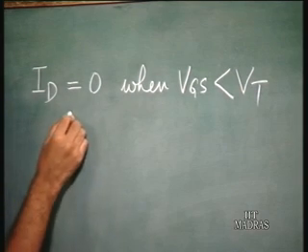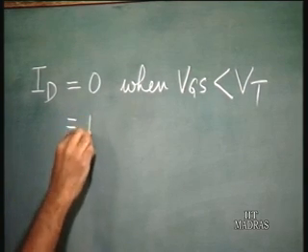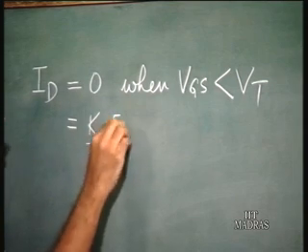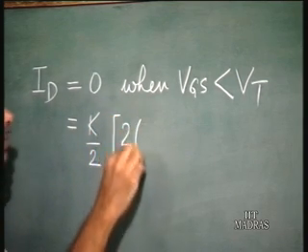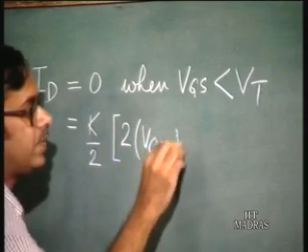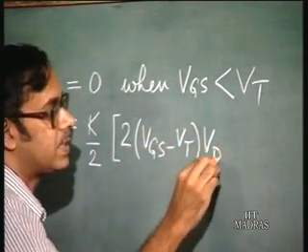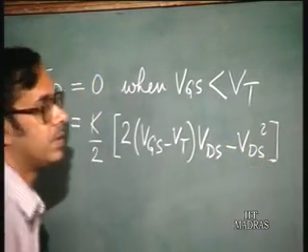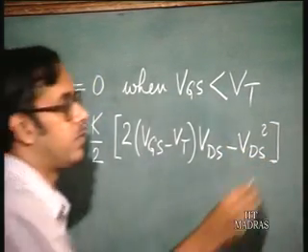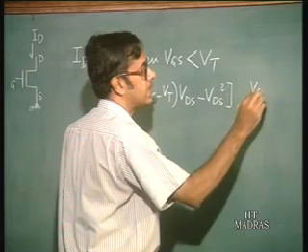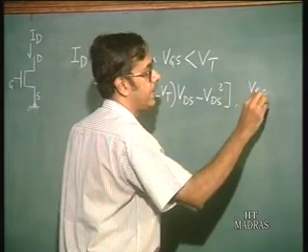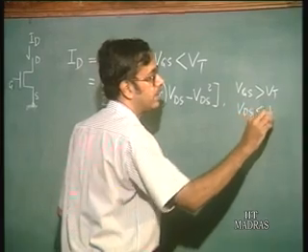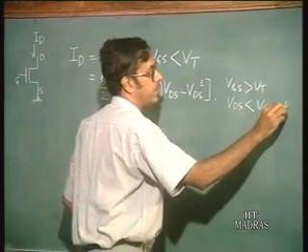ID is equal to K by 2 times twice VGS minus VT into VDS minus VDS squared, for VGS greater than VT and VDS less than VGS minus VT.